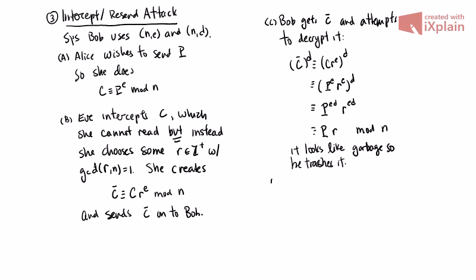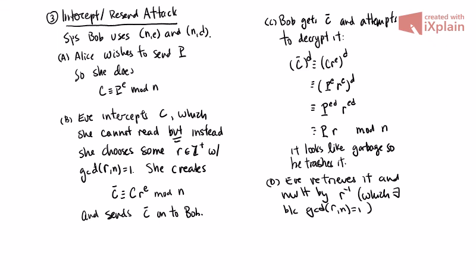And so what Eve does is she fishes it out of the trash and multiplies by R inverse, which exists because the GCD of R and N is 1.